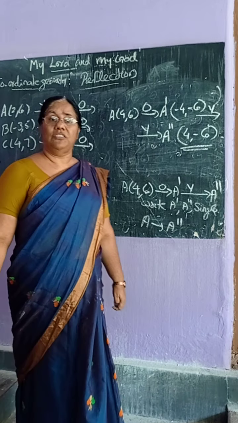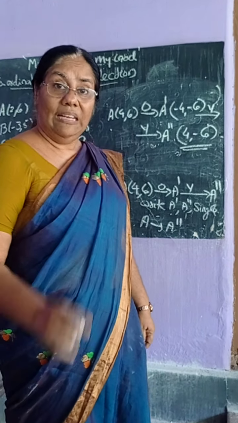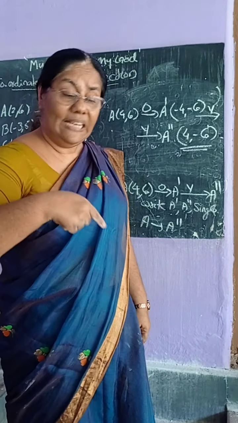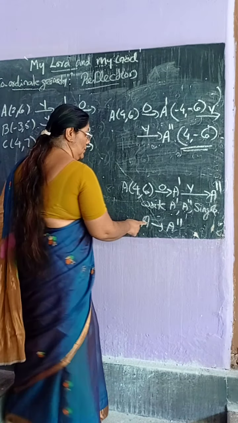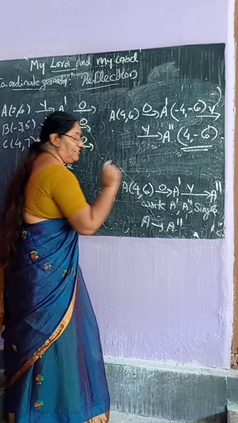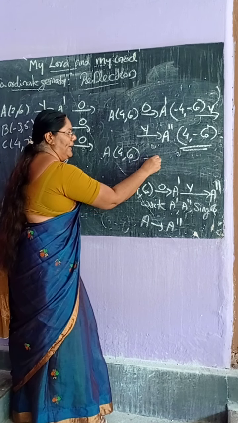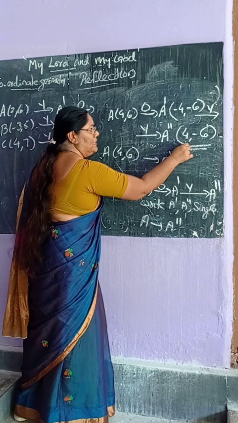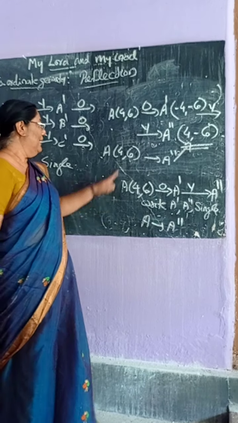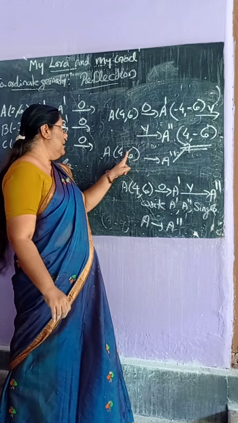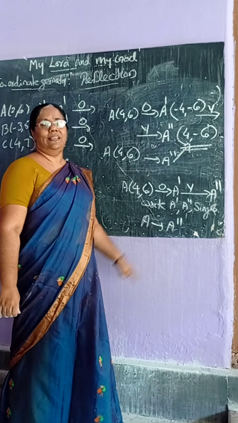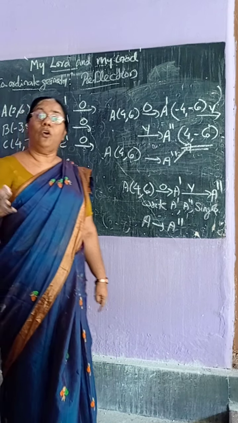Then one more part. Can you say what is one more part? What is the single transformation that leads A to A double dash? A means (4, 6). The final answer A double dash means (4, -6). 4, 4. X is same. 6 changes to -6. The y coordinate changes its sign.